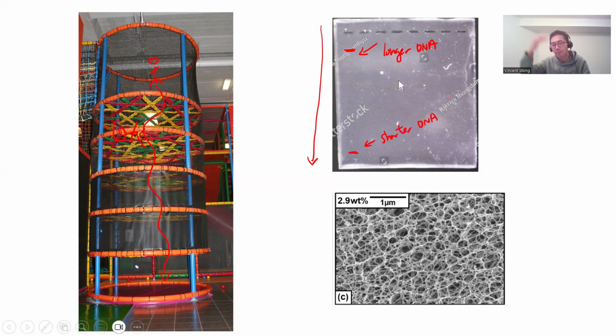And that's how you separate the DNA based on length. Okay, let's say you have a whole tube, a bunch of DNA sample in there, some long, some short. When you load it under the gel, this will spread them out so that the shorter ones are going to be at the bottom and the longer ones are going to be at the top.